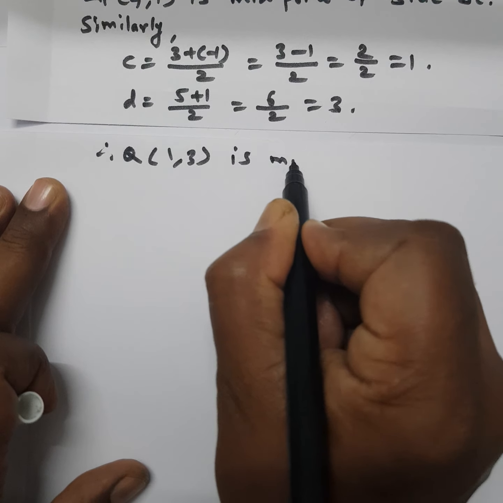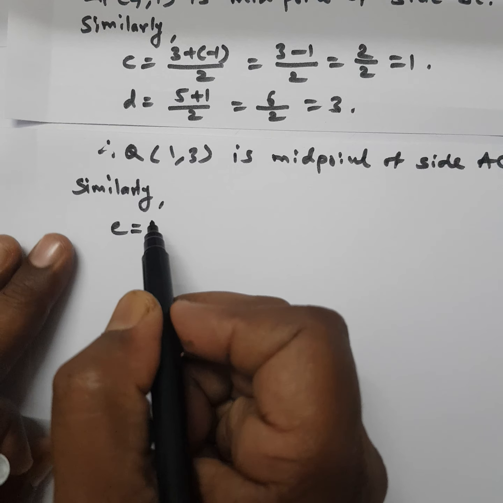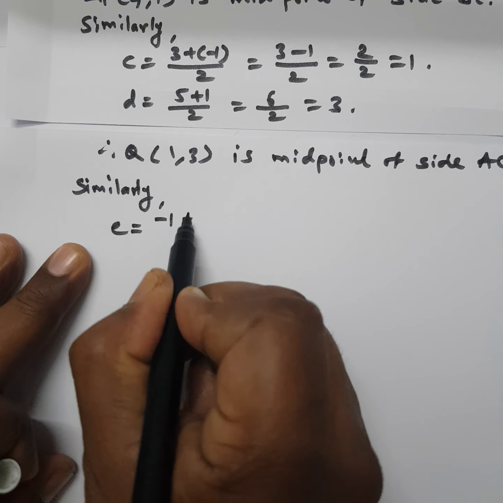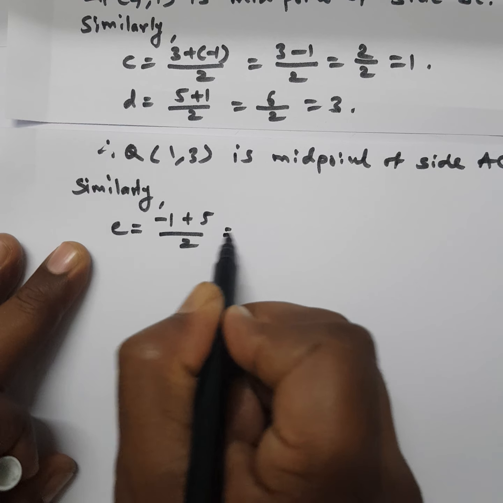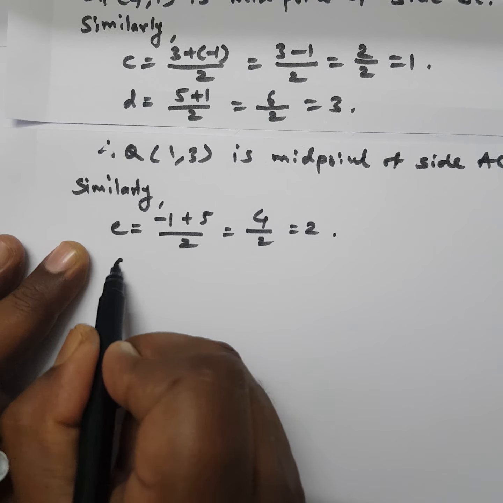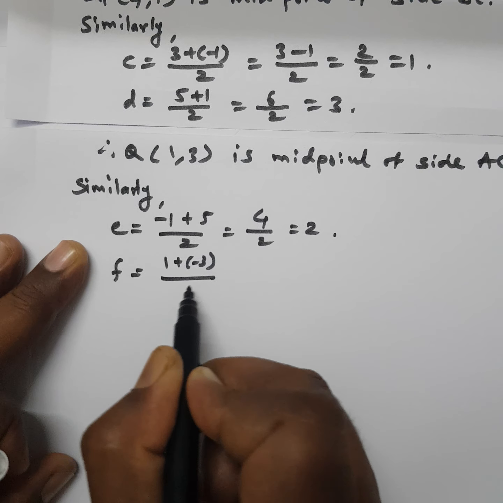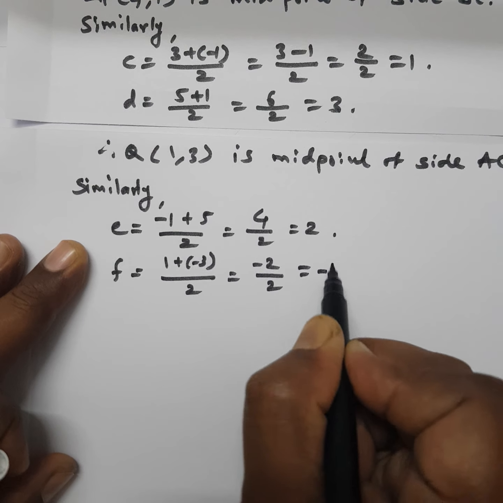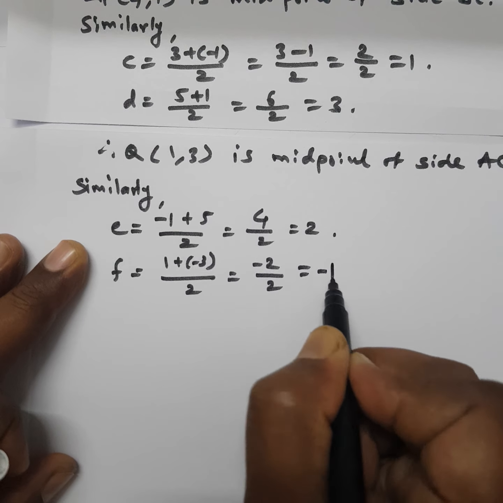Similarly, E, that is the x coordinate of point R, is equal to -1 plus 5 upon 2, is equal to 4 upon 2, is equal to 2. F is equal to 1 plus (-3) upon 2, that is -2 upon 2, is equal to -1.